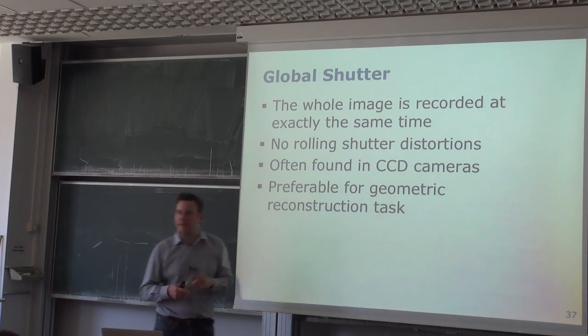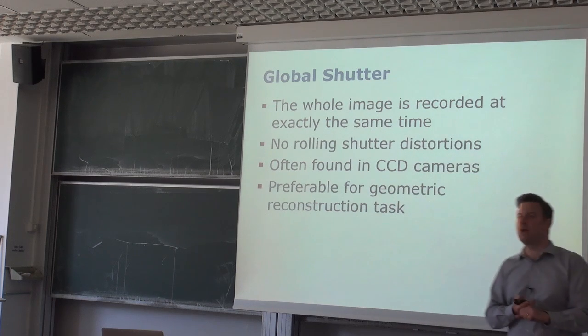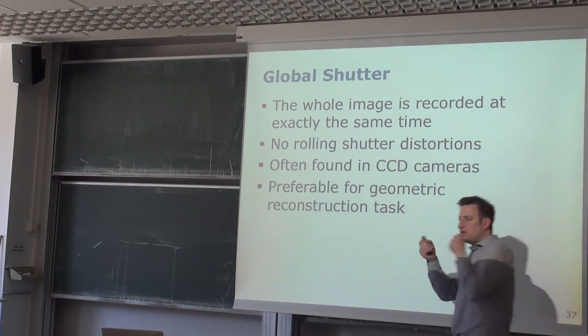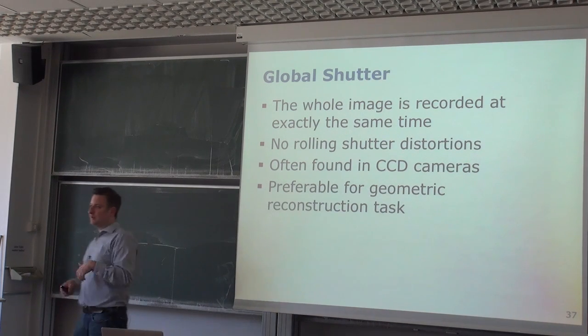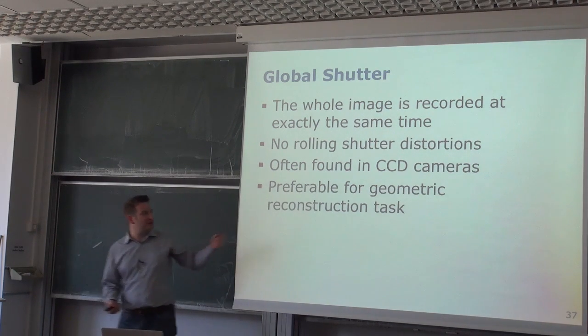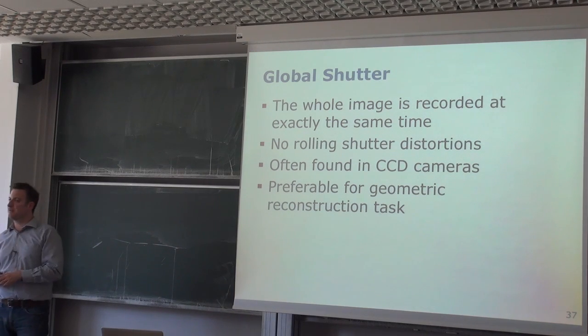And I have either objects which move in the scene, or what typically happens, that the camera actually moves. So if I take pictures, let's say, from a moving car and picture the scene, and I want to do a 3D reconstruction task, it's much easier to do that with a global shutter camera rather than with a rolling shutter camera.